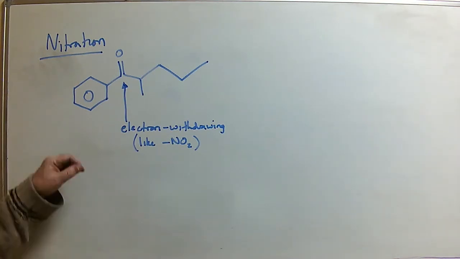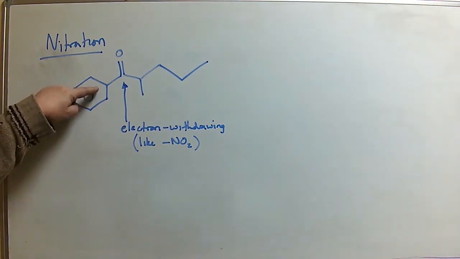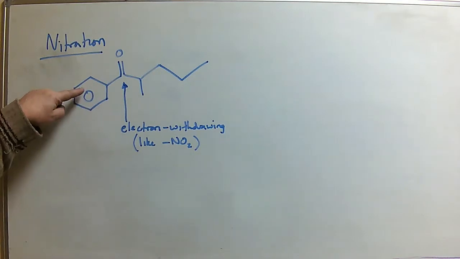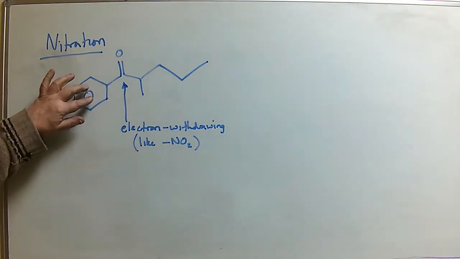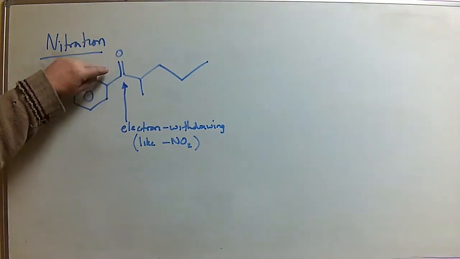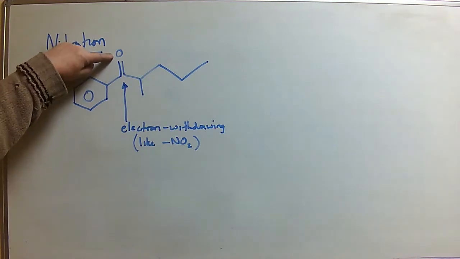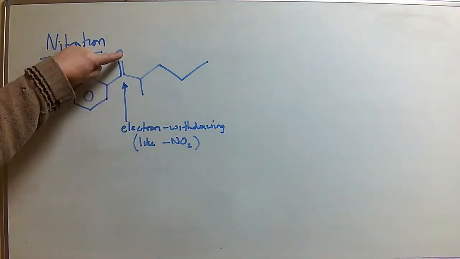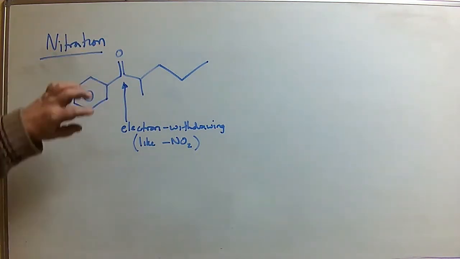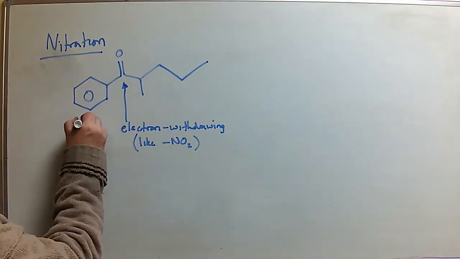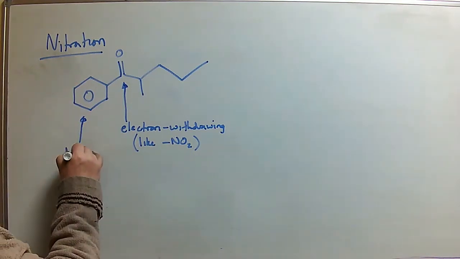And what it means is that the density of pi electrons in the ring is decreased compared to benzene because electron density is being pulled this way. It's basically because that oxygen is very electronegative, so it's pulling electron density this way, and it decreases the pi electron density in the ring.